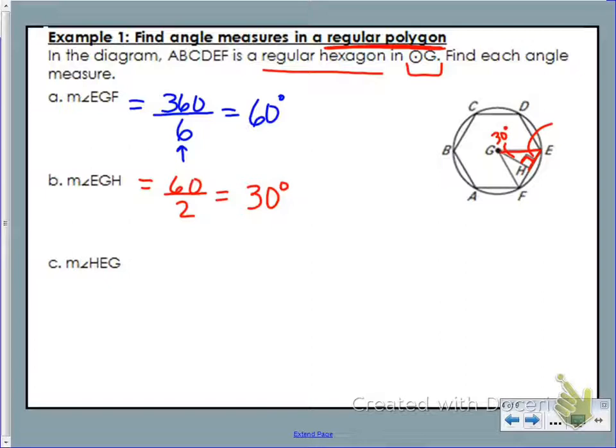So we're taking away the 90-degree angle. We're focused on this triangle, by the way. We're taking away the 90-degree angle and the 30-degree angle, and that leaves us with angle HEG being 60 degrees. Now we're going to use these different angle measures a lot throughout this particular target. So please take a minute to make sure you understand how I calculated these three angles.